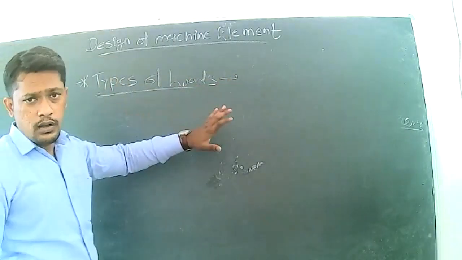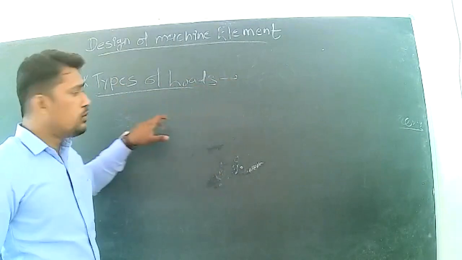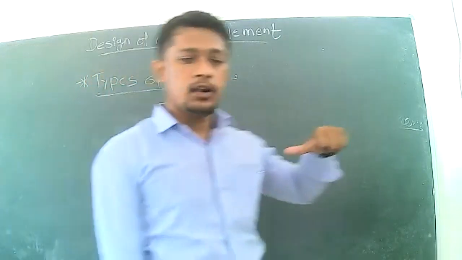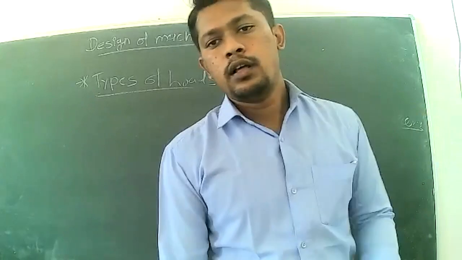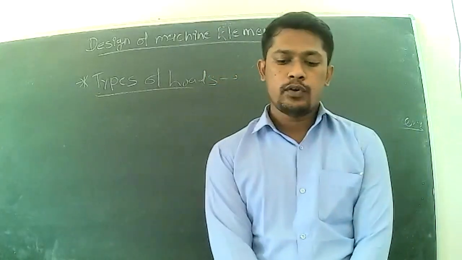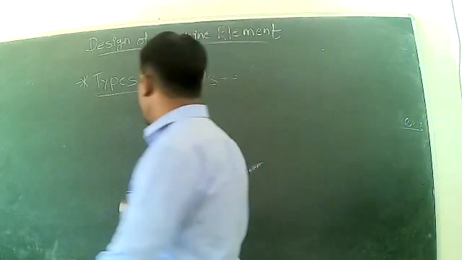Basically, load is nothing but the application of force. There are three types of load. First is static load or the steady load. Second one is impact load. The third one is fluctuating load.